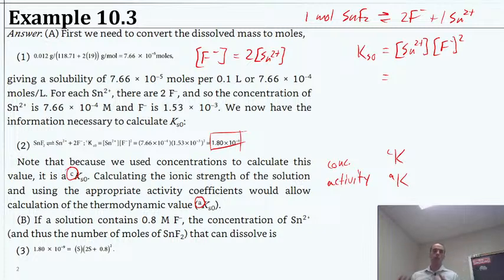Now this is where we're adding stuff. We can make a substitution here, and instead of the Sn here, we can put F divided by 2. Actually, I'm going to do this a little backwards.